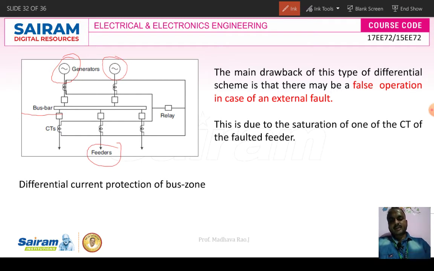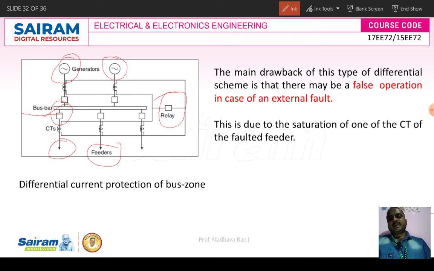In between the bus bar and generators we have a relay. We can find the sum of the entering current and the leaving current at the feeders. So what is the condition according to the bus zone protection?